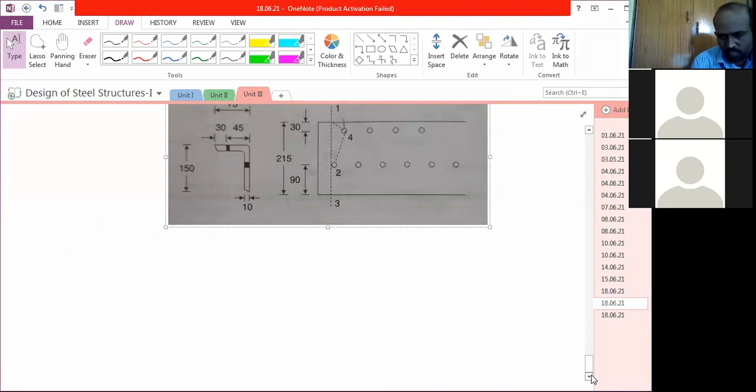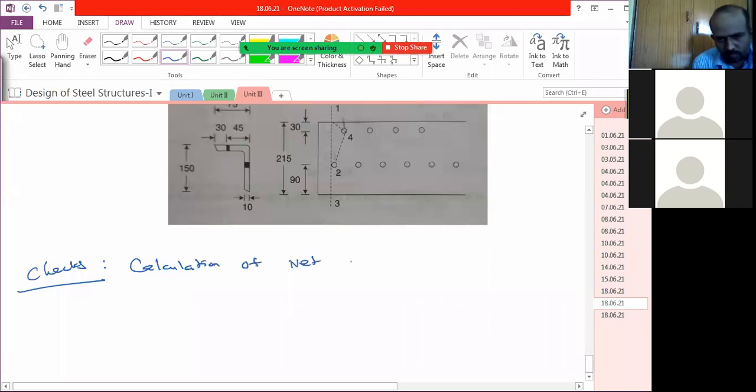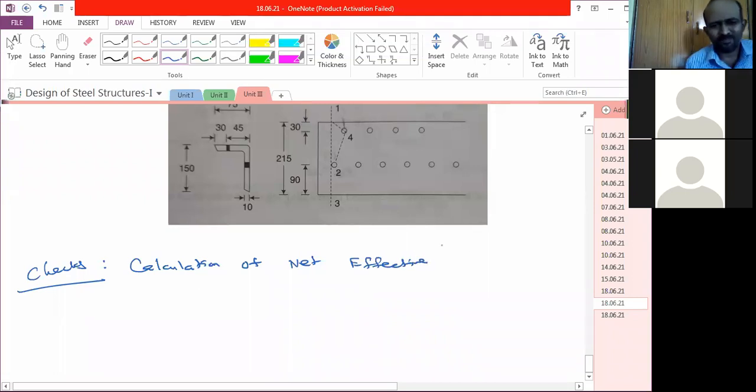So we have to calculate the net effective area. What needs to be checked?